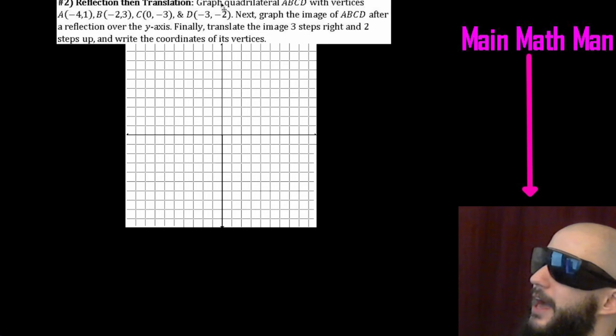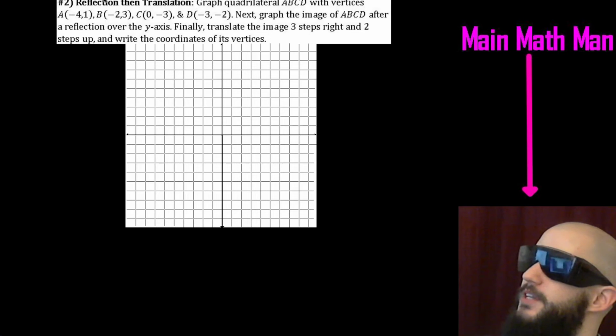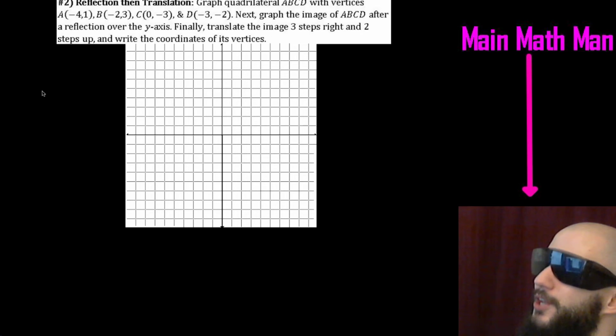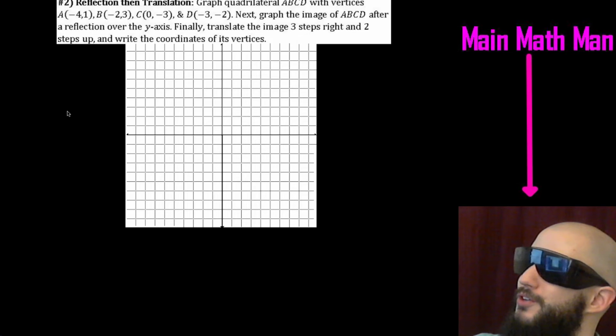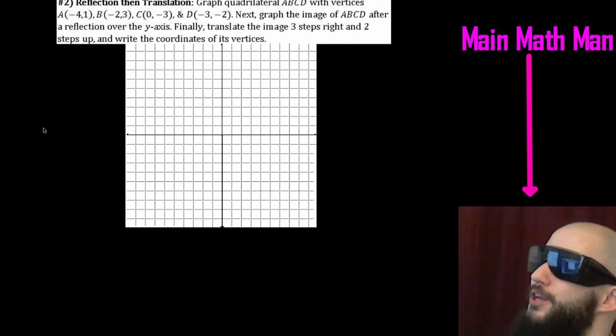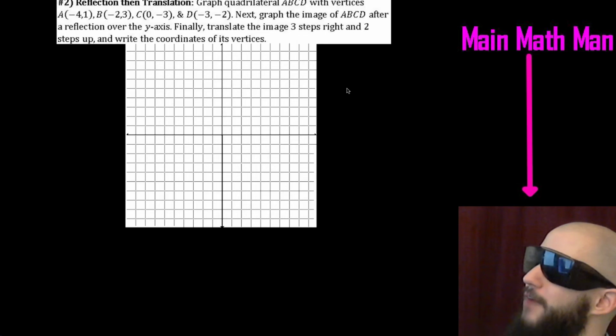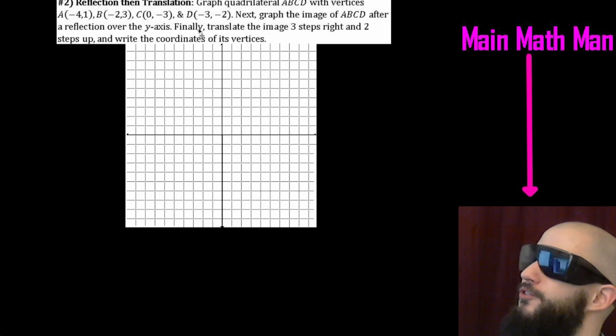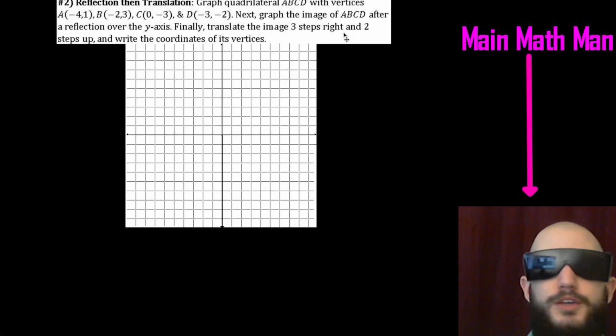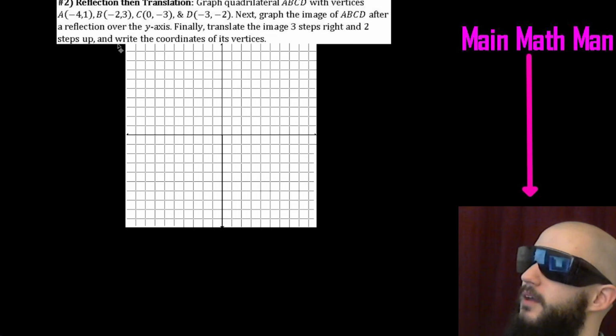Graph the quadrilateral ABCD with vertices A (-4, 1), B (-2, 3), C (0, -3), and D (-3, -2). Next, graph the image of ABCD after a reflection over the y-axis. Translate the image 3 steps to the right and 2 steps up. Write the coordinates of the vertices.